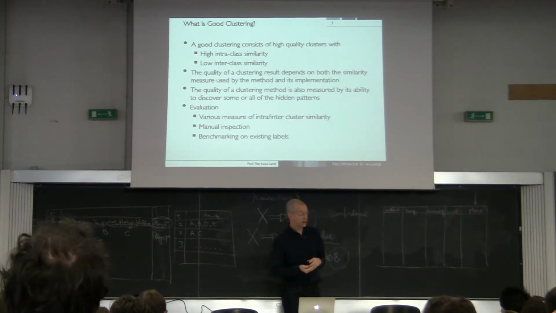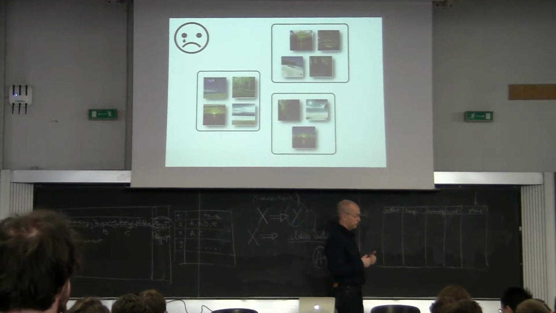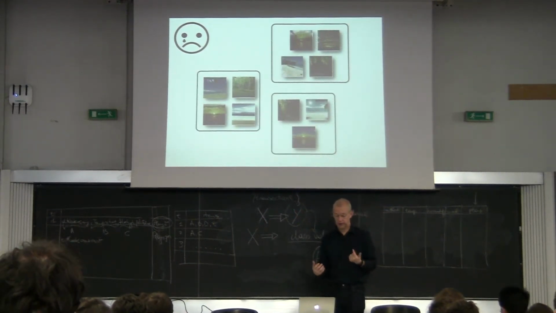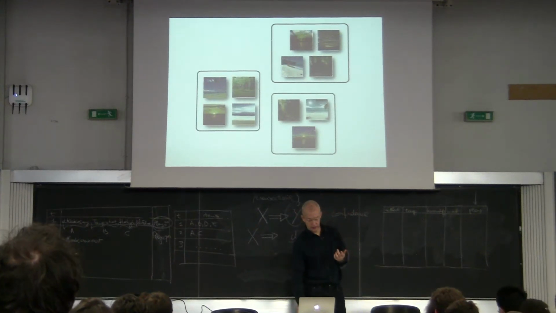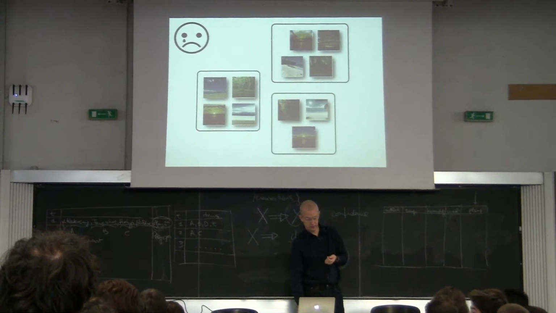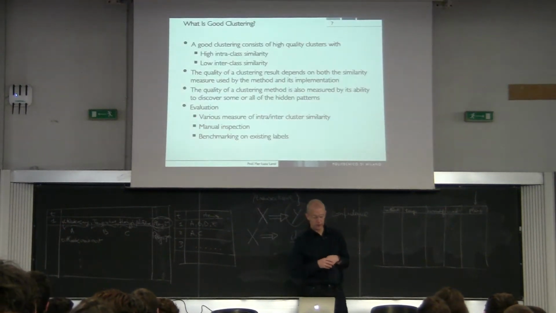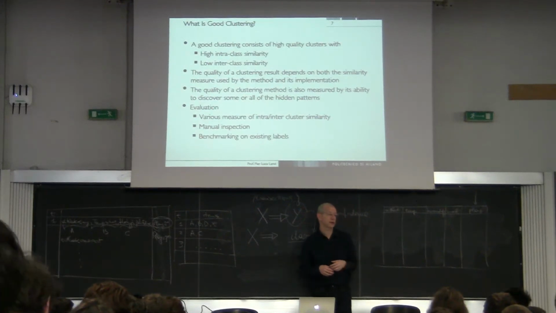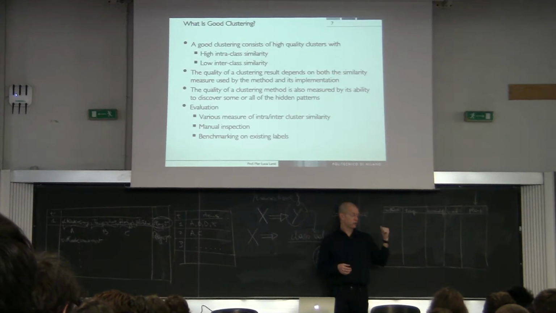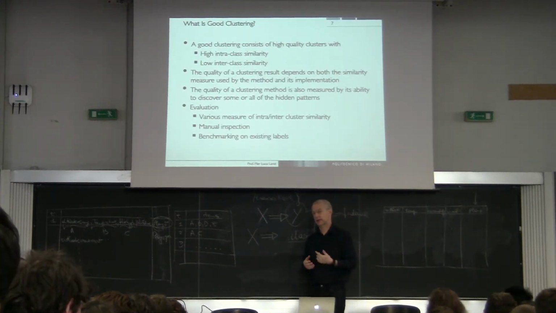Now, finally, I have the similarity function, I have my algorithm that produces something. How can I evaluate this? There are several ways to evaluate that. The definition of the similarity and the evaluation of the results is the critical part in clustering.